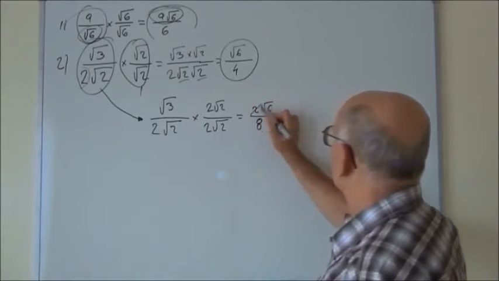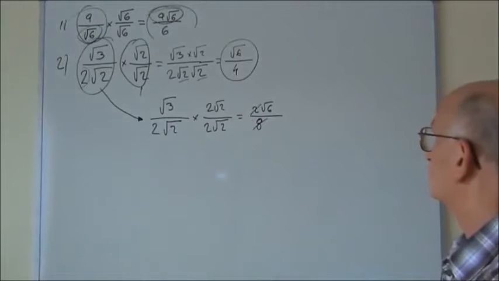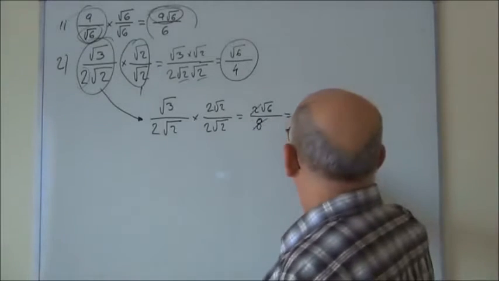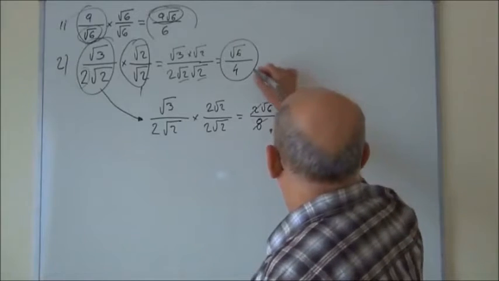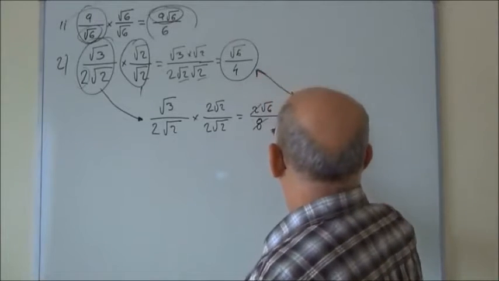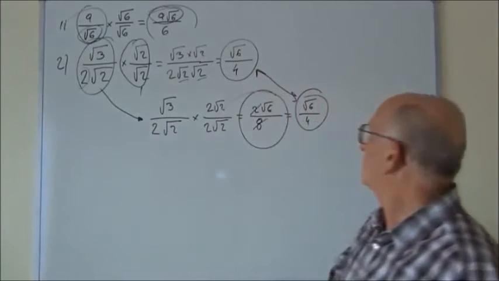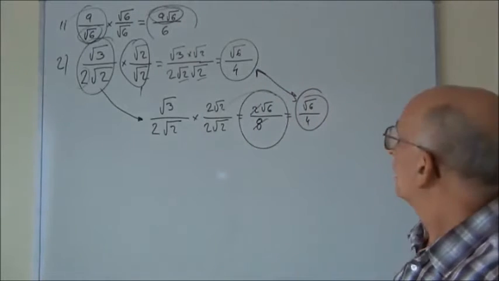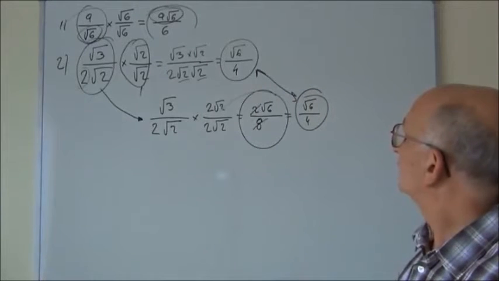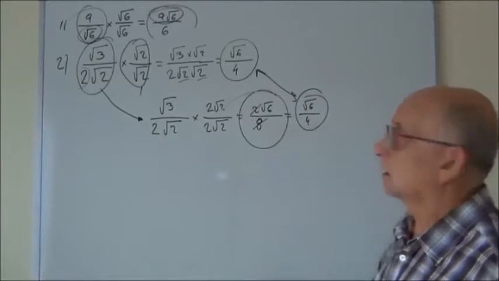Now, of course, you can simplify, you have to simplify actually, and you will get root 6 on 4, which is the same, but here we have one step more to do, and it is not necessary to do that step.